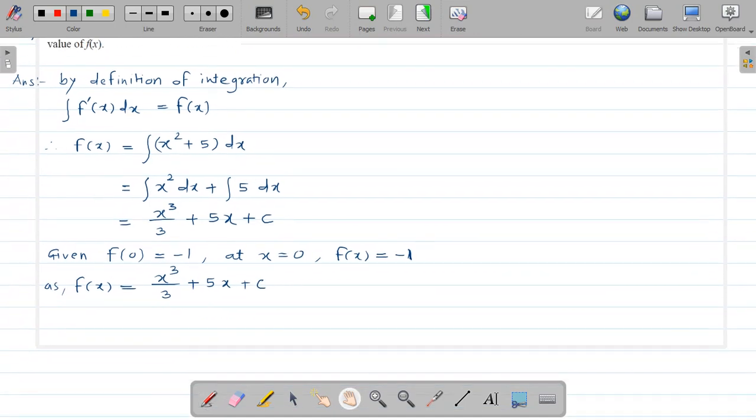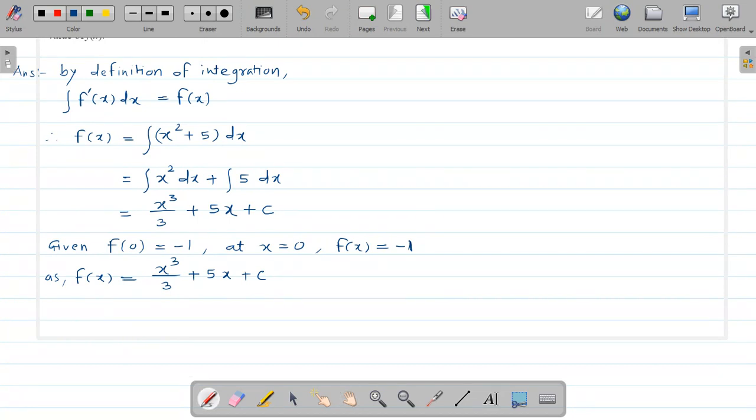Now as per this information, if you put x equals 0 here, then you will get 0 cube upon 3 plus 5 into 0 plus c, and then f of x becomes minus 1. So what will you get? This implies we get c is equal to minus 1. So to get the value of the integration constant c, we have to use the condition f of 0 is equal to minus 1.